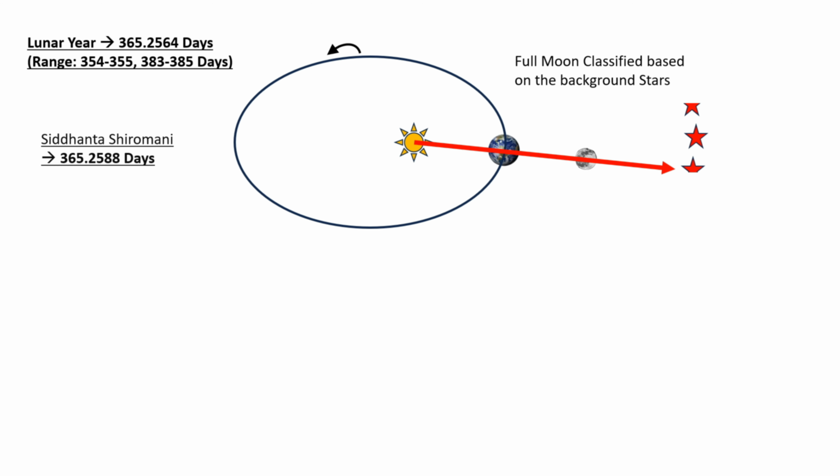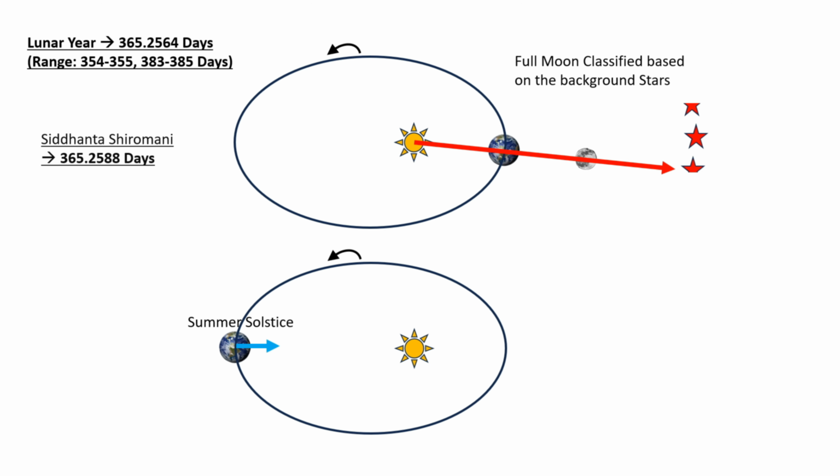For example, Chaitra we expect to be always associated with the spring season, but over a long time it starts drifting, so Chaitra can become winter season instead of spring, and so on. To rectify that, instead of locking the full moons and the months defined by them to the background stars, we can lock this configuration with respect to the solstices and equinoxes. Then we will get a seasonally accurate calendar, with seasonally accurate months where there will be no seasonal drift.